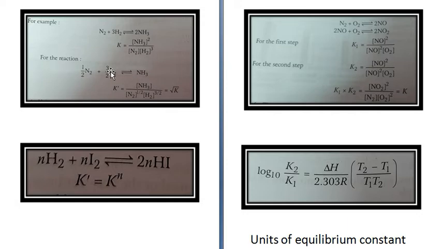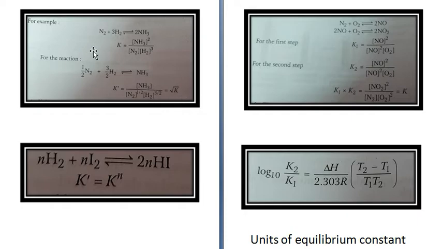Now we are dividing the reaction by 2. So the reaction becomes 1 upon 2 N2 plus 3 upon 2 H2 giving you NH3. It was 2NH3, it has become 1 NH3 here. K dash will be NH3 upon N2 to the power half into H2 to the power 3 by 2, which is equal to under root K.